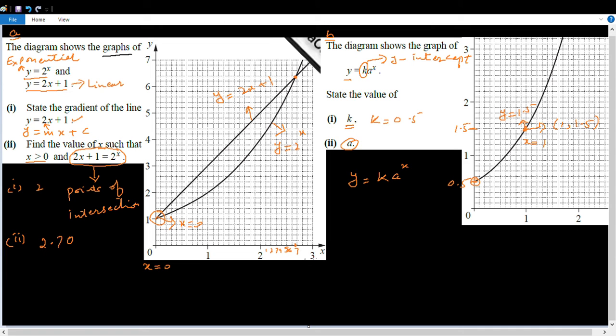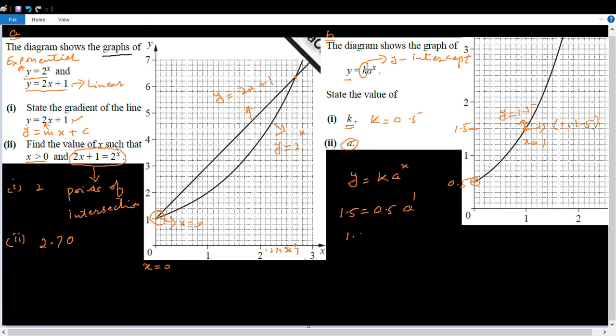Now substitute these values in the equation to get the value of a. We will substitute y as 1.5 equals k, which we have found, that is 0.5, times a, which we are supposed to find out, and x as 1.